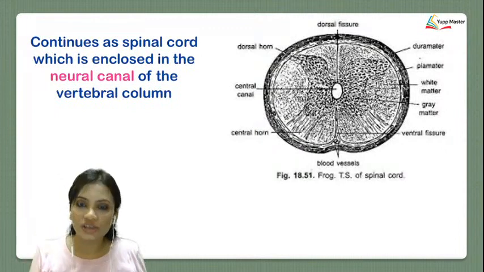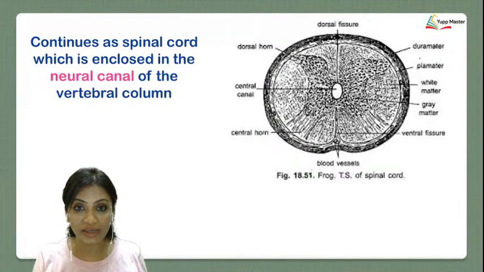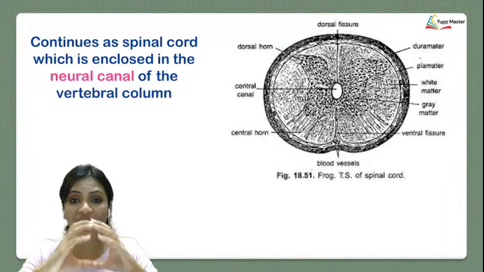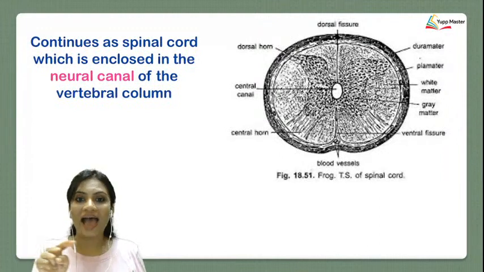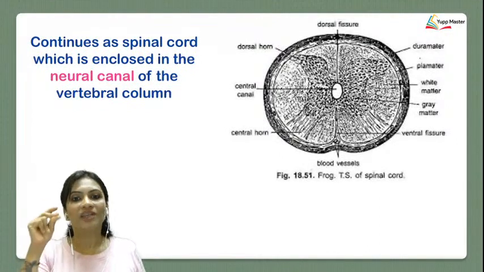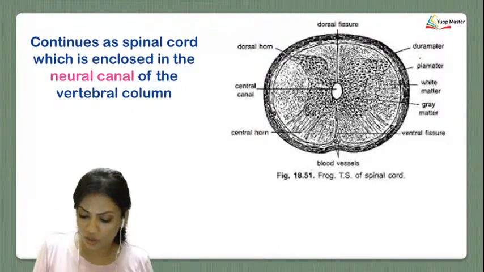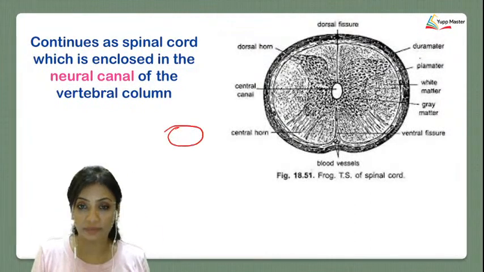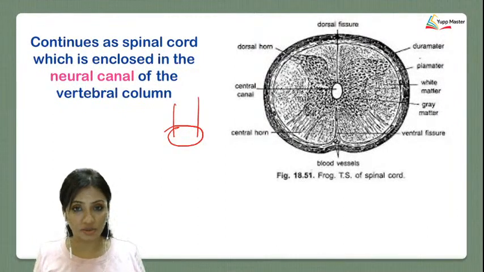Now, the vertebral column is going to have a hole in between. Each and every single vertebra will have a hole in between, and through that hole, the spinal cord will pass. So that hole is going to allow the spinal cord to pass through it.